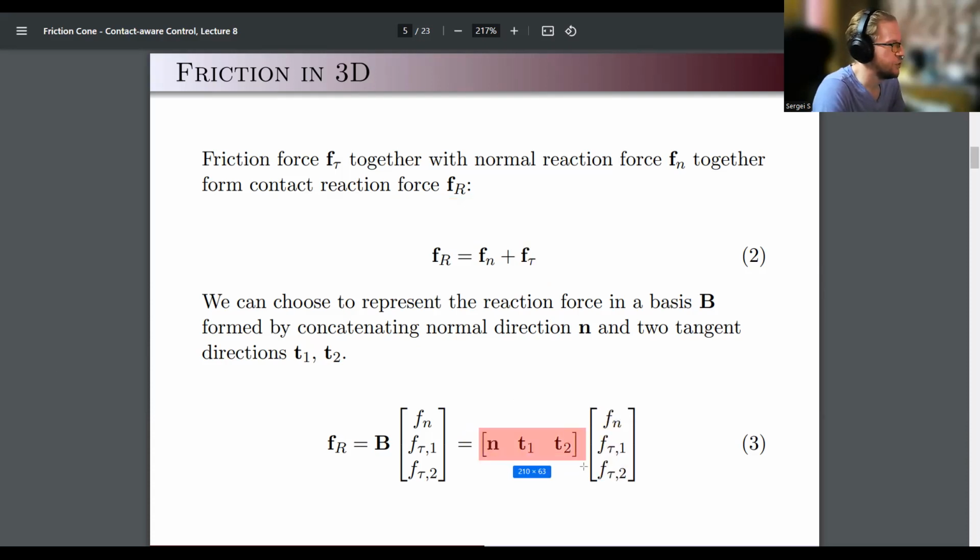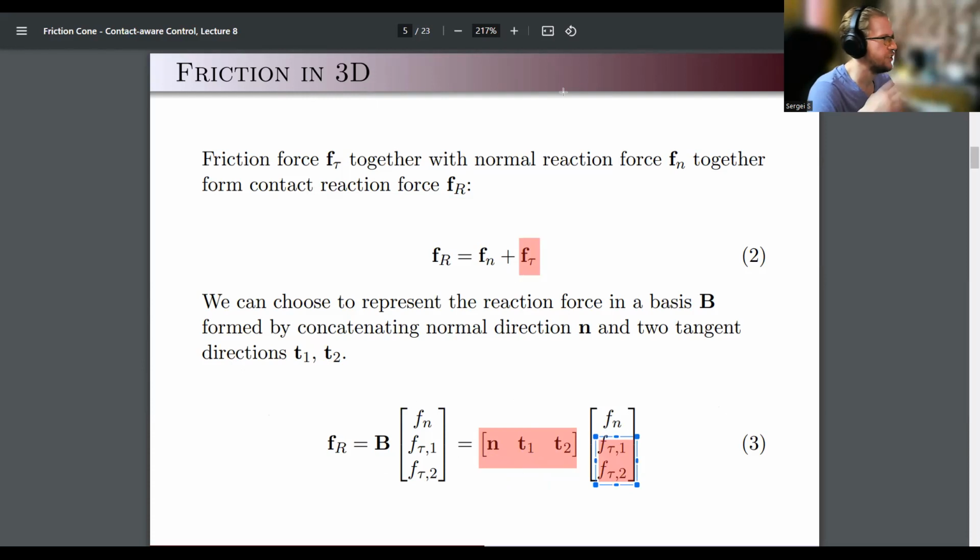Since all of those vectors are normalized, we assume that B is an orthonormal basis. So n, Tn, T1, T2 are all normalized unit vectors. We could interchangeably consider the norm of F tau and the norm of F tau 1, F tau 2.